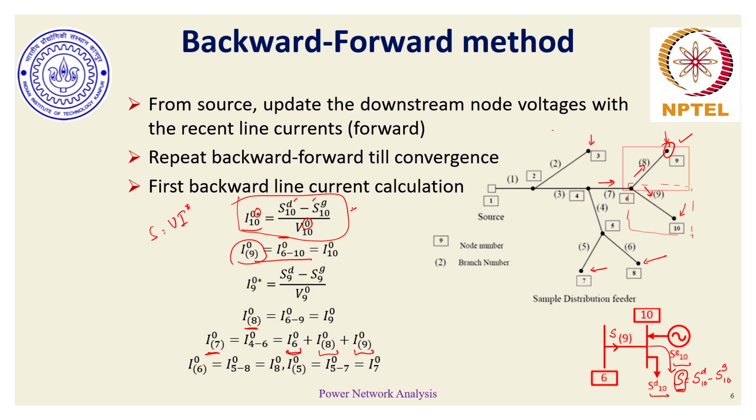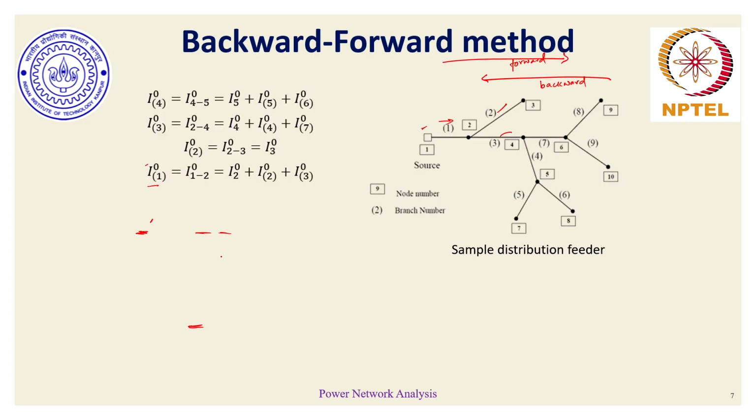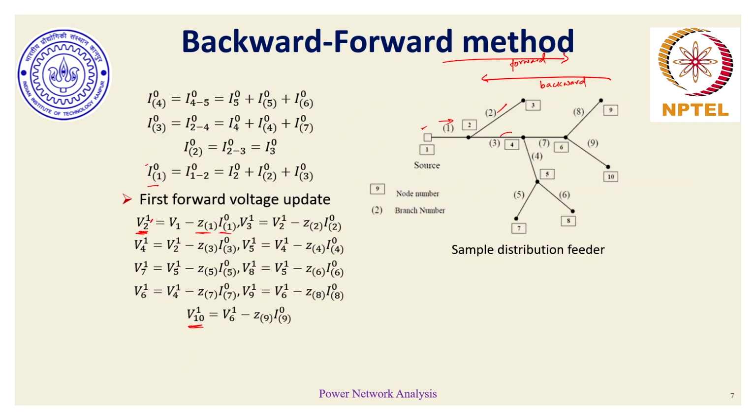When I have a 3-phase distribution network, I will have to evaluate these currents on a per phase basis, and then depending on these per phase currents, once I get my backward step, in the forward step, the impedances have to be 3x3 matrices instead of a 1x1 matrix, because it's a 3-phase network. So 3 phases might have different impedances.